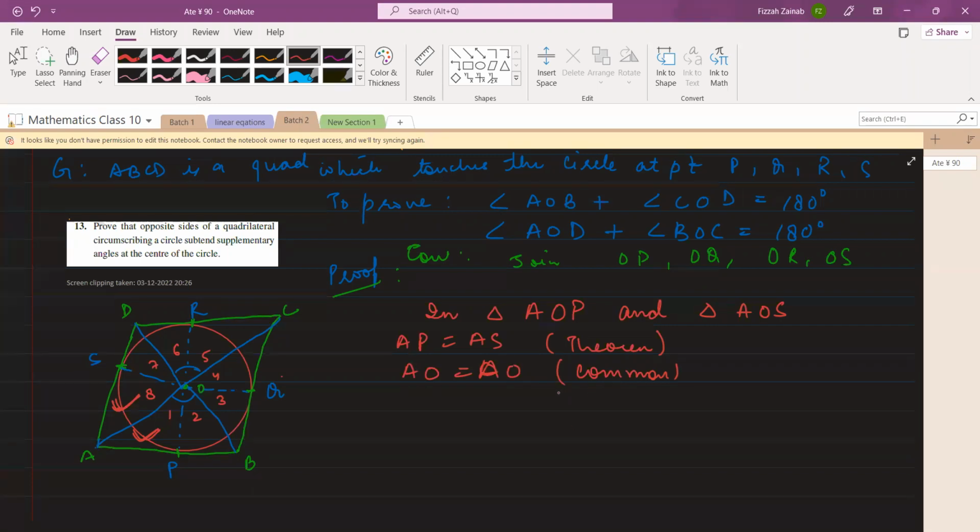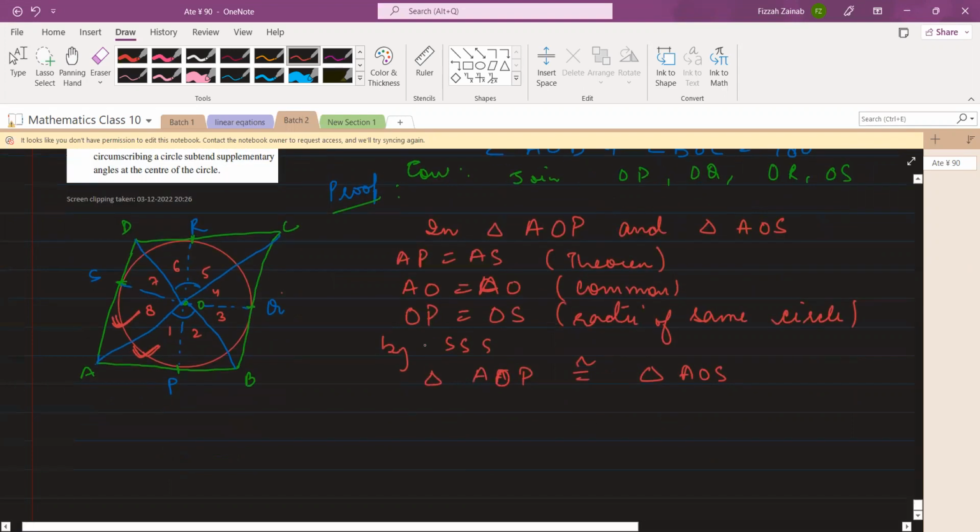And OP is equal to OS because radii of the same circle, right? So by SSS, triangle AOP is congruent to triangle AOS, right?